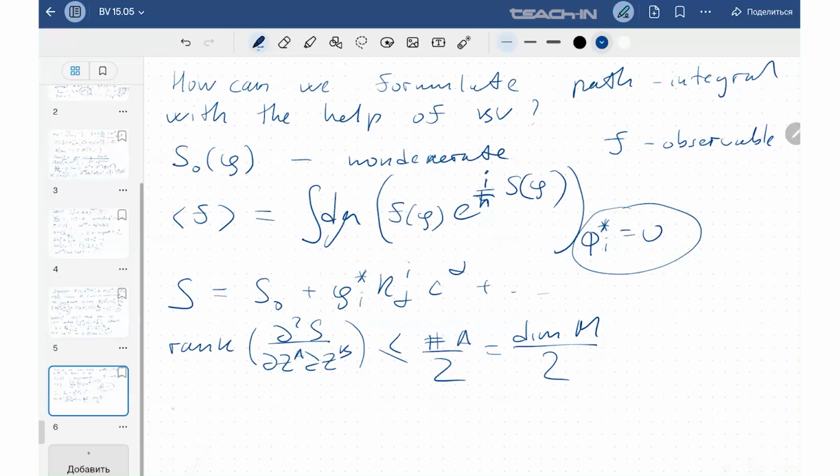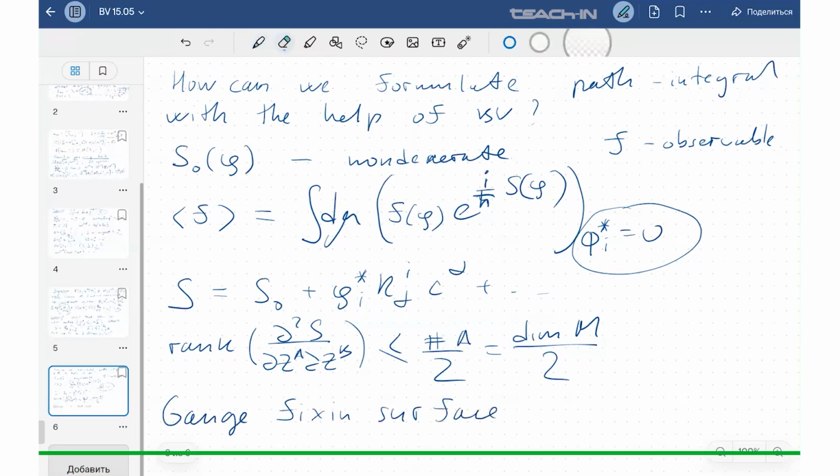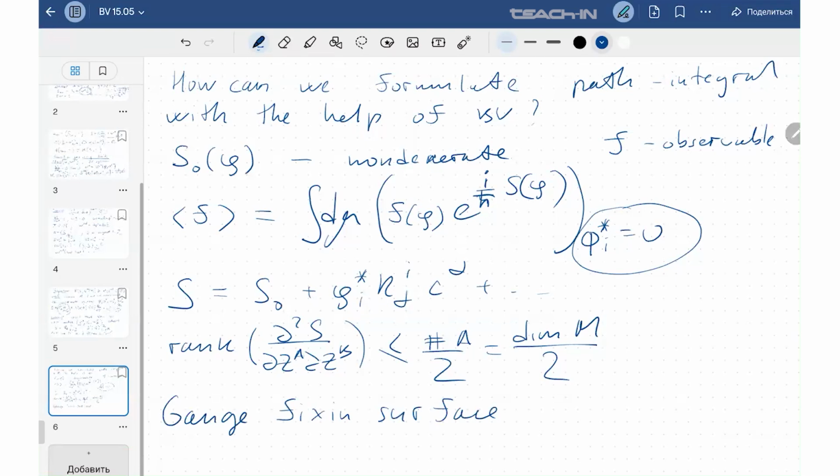And the recipe is that we need to integrate over the surface which is determined by the following equation: phi star I equals d psi over d phi I, where psi is a function of phi, of fields, not of antifields, and its ghost degree.